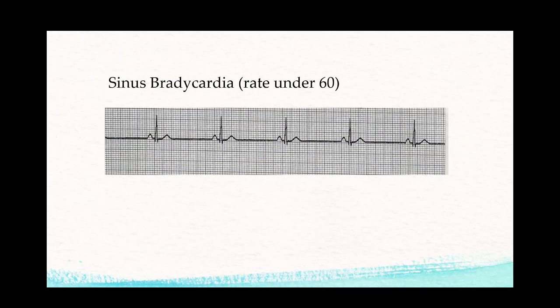Sinus bradycardia will have all the same normal numbers. The only difference is the rate is under 60. So anything under 60 with normal P wave, normal QRS, normal T wave is going to be a sinus rhythm.